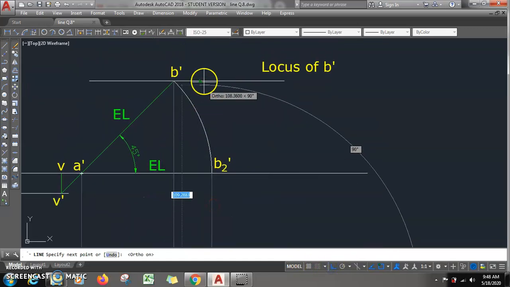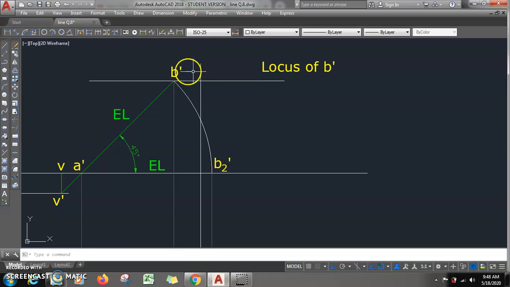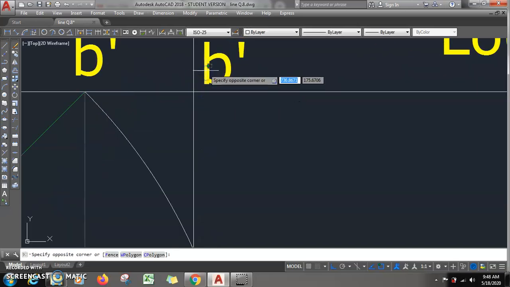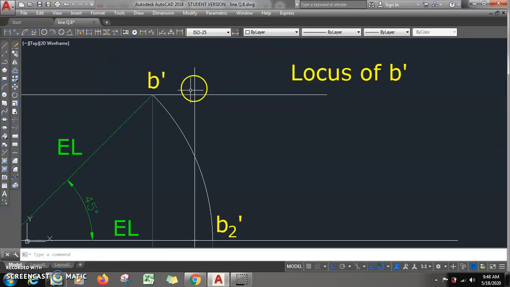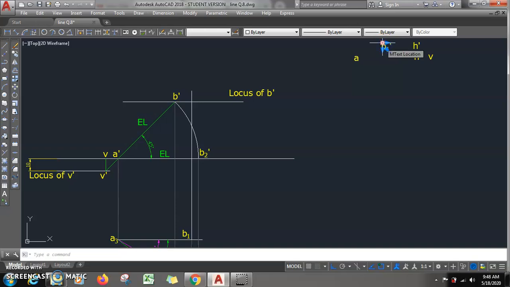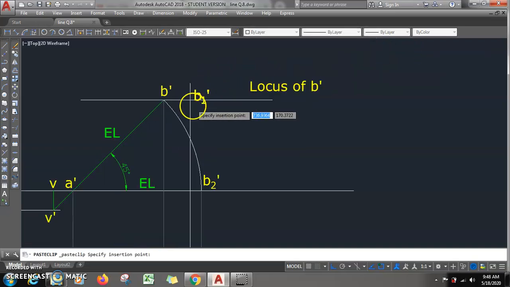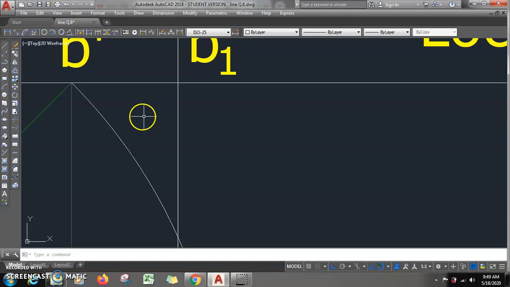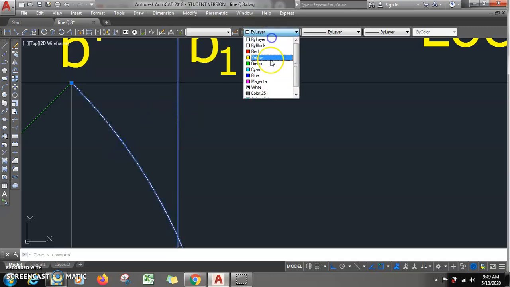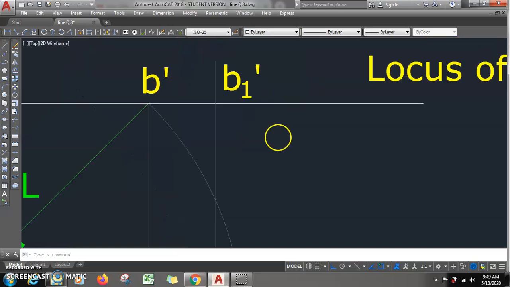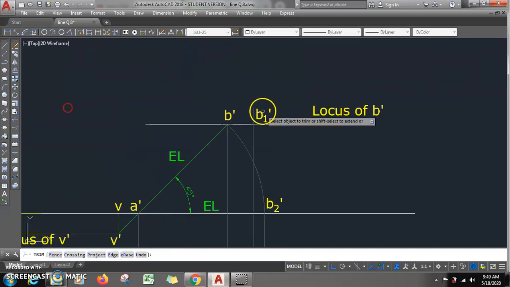So this point will give you B1 dash. One sec. We have B1 dash here. This point is B1 dash, and this line is what? All these are projectors. You see, the axis line you can trim.